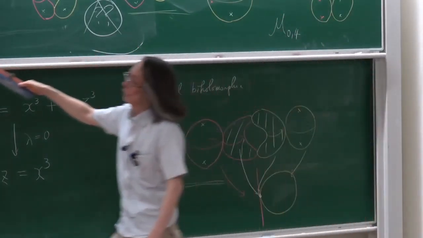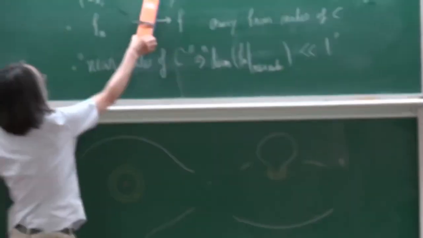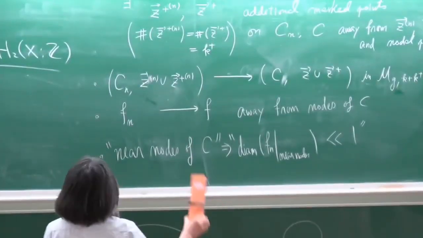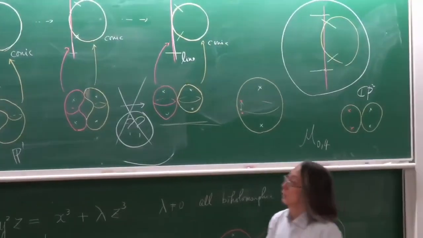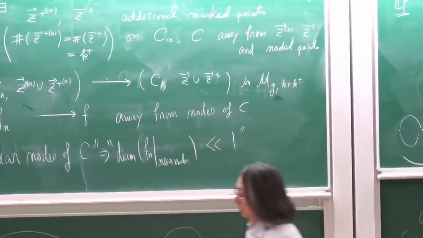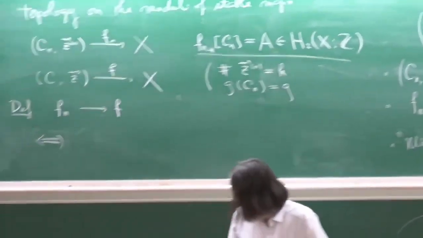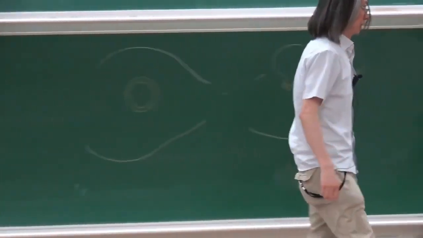I didn't really give you the precise definition of the convergence of this mapping, but I need these three things. I need to add more mark points. This is not just making the domain of the sequence stable, but also the domain of the target stable. Possibly more points are necessary, because when we have this bubbling phenomenon, we also handle this kind of component by adding mark points.